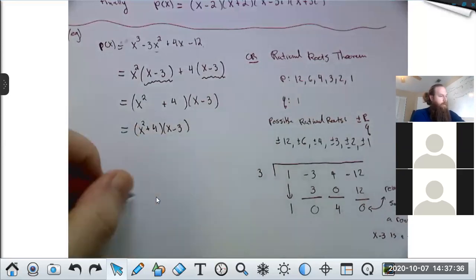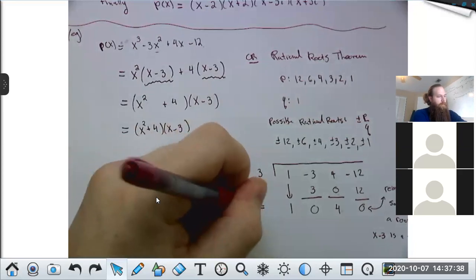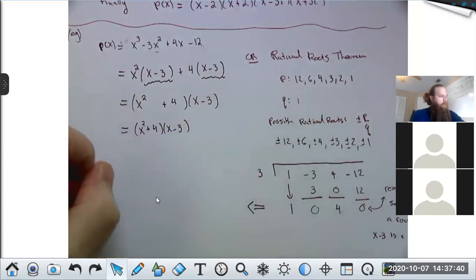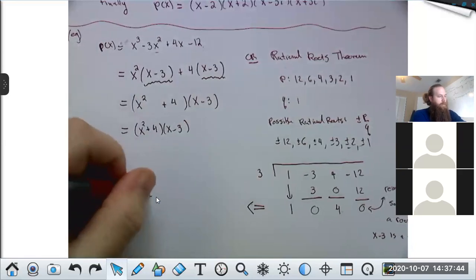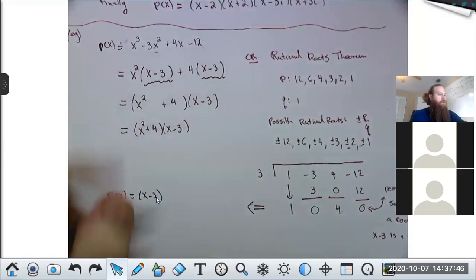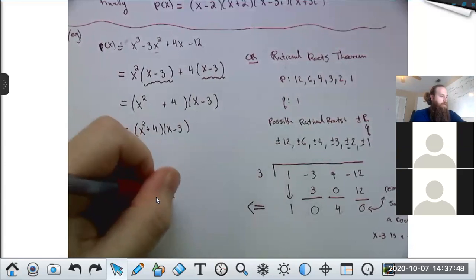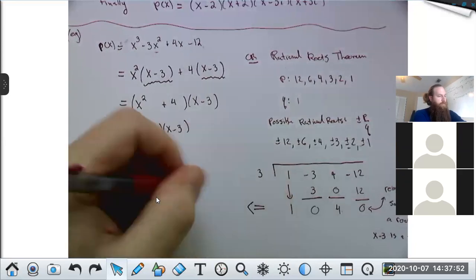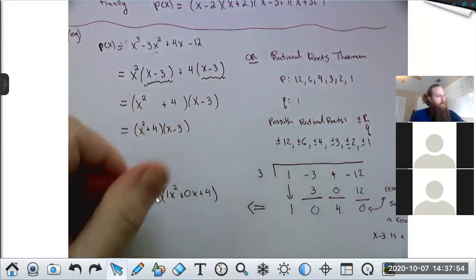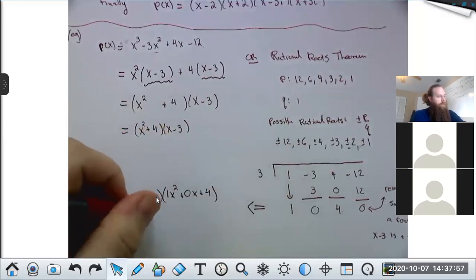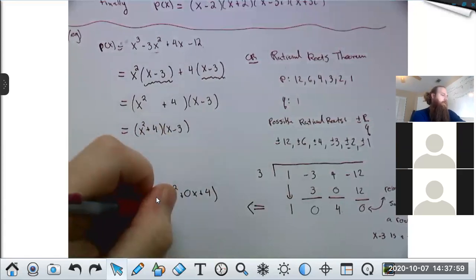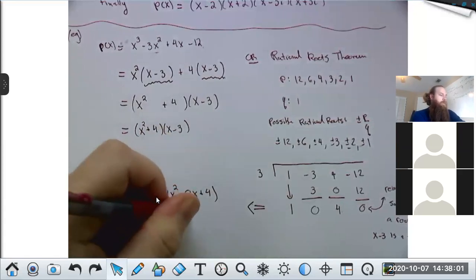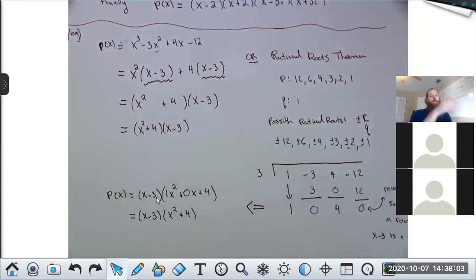So I would learn from this procedure that p of x is equal to x minus 3 times 1x squared plus 0x plus 4. Or, like we got before, x minus 3 times x squared plus 4. So we get there either way.